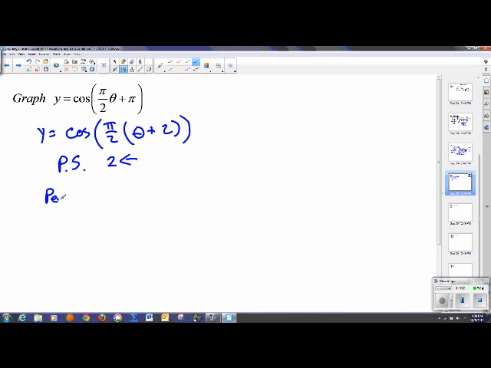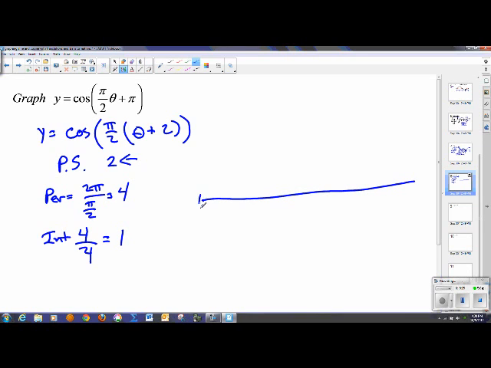My period is equal to 2 pi over k, which is pi over 2, which is actually 4. For my intervals are 4 over 4, which gets me intervals of 1.